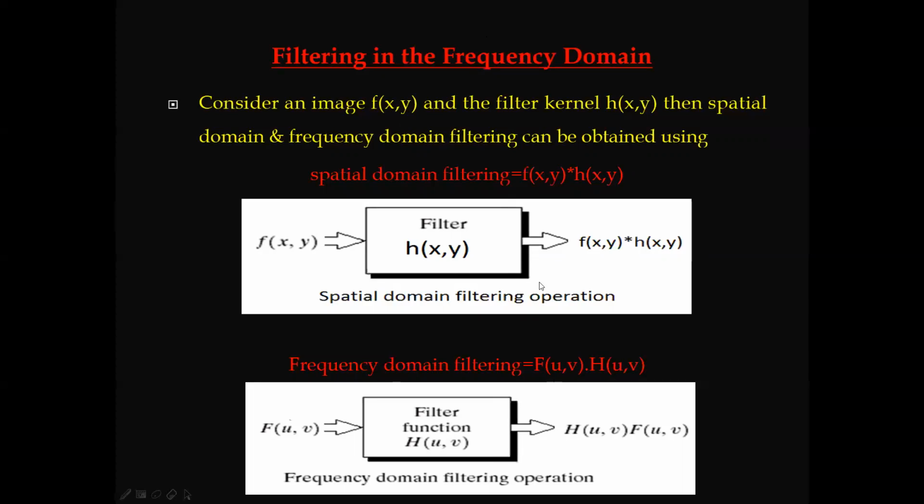So the convolution between the input image and the filter mask in the spatial domain is equal to the multiplication of their spectrums in the frequency domain.